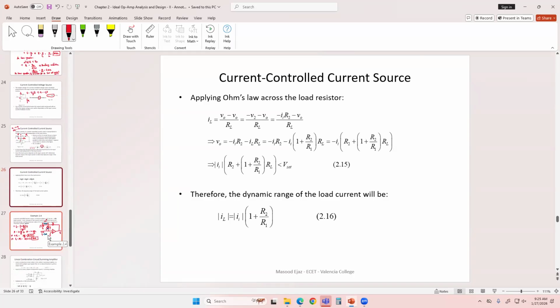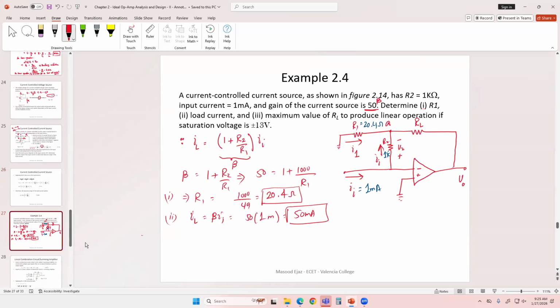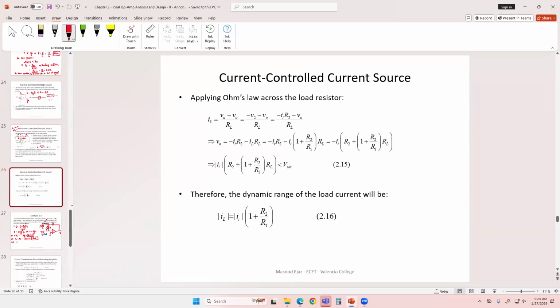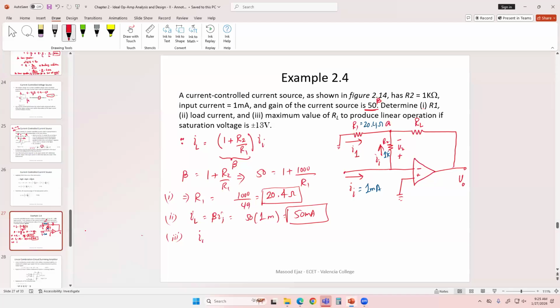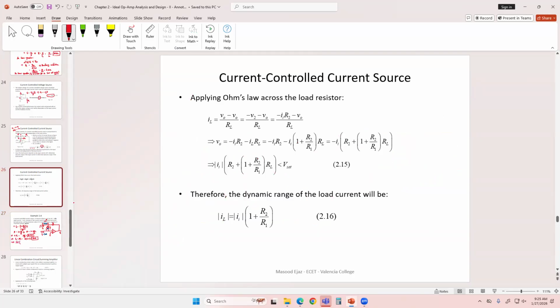Let's go back. I input times R2 plus beta times RL.